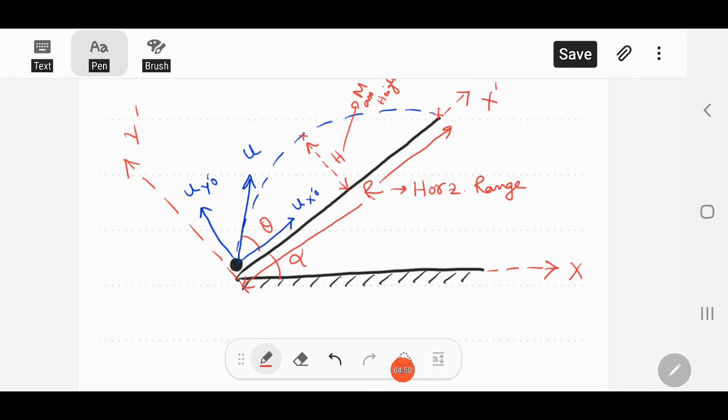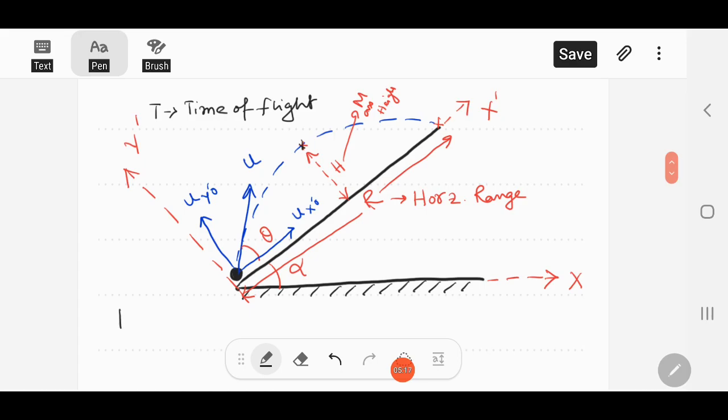If we consider that from start to end the time taken is capital T, then that capital T will be the total time of flight. And if, to reach this maximum point, the object takes a time ta, then ta will be the time of ascent.